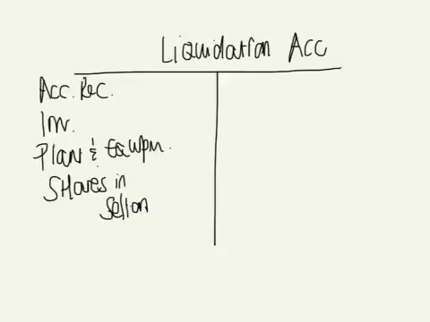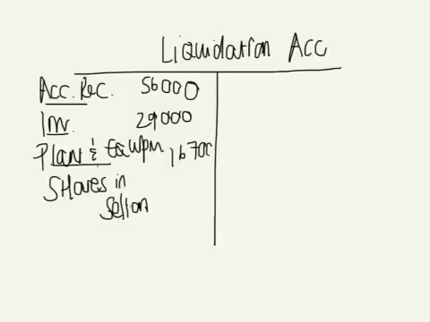So we transfer the carrying amounts from these asset accounts to the liquidation account. So on the debit side, it's included at the carrying amount, 56,29. So from the financial statements of Tuna Limited, 167 and 26.